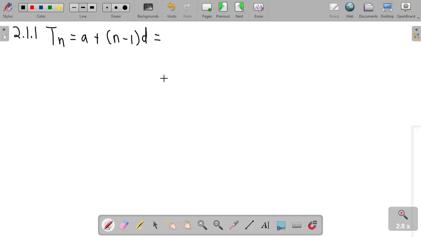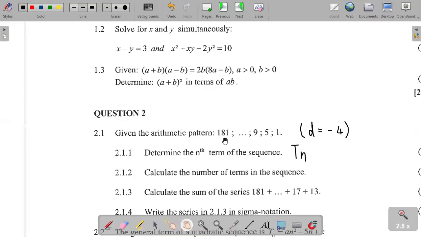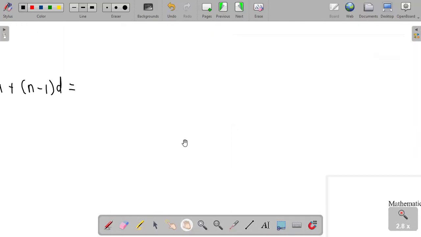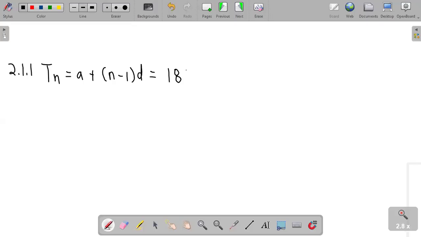So it's going to be equal to a, which is the first term here that we have, is 181. Okay, 181. So it's going to be equal to 181 plus (n minus 1) times -4.